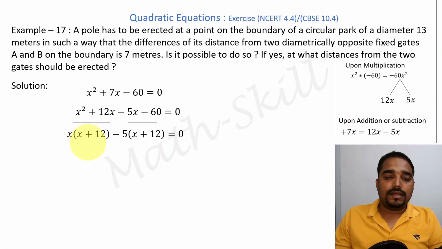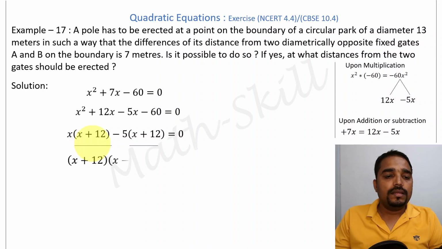Now we see that x plus 12 is common between the two terms. Therefore, if x plus 12 is taken common, from the first term x is left, and minus 5 is left from the second term.